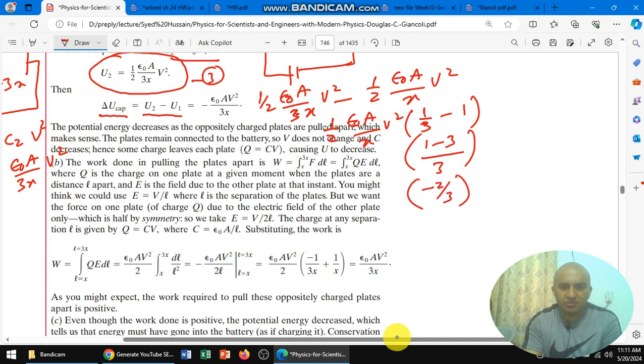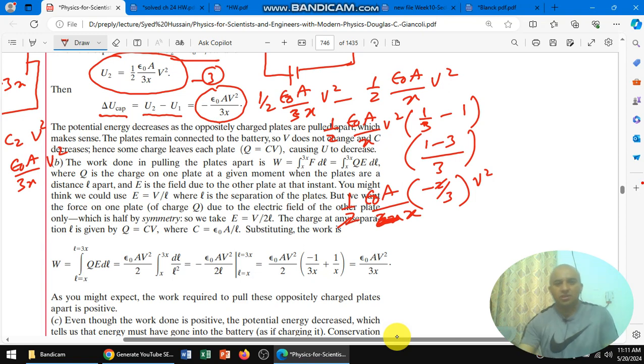The 2 cancels with the half, and we are left with minus epsilon naught A V squared over 3x. This is the change in potential energy for part A.